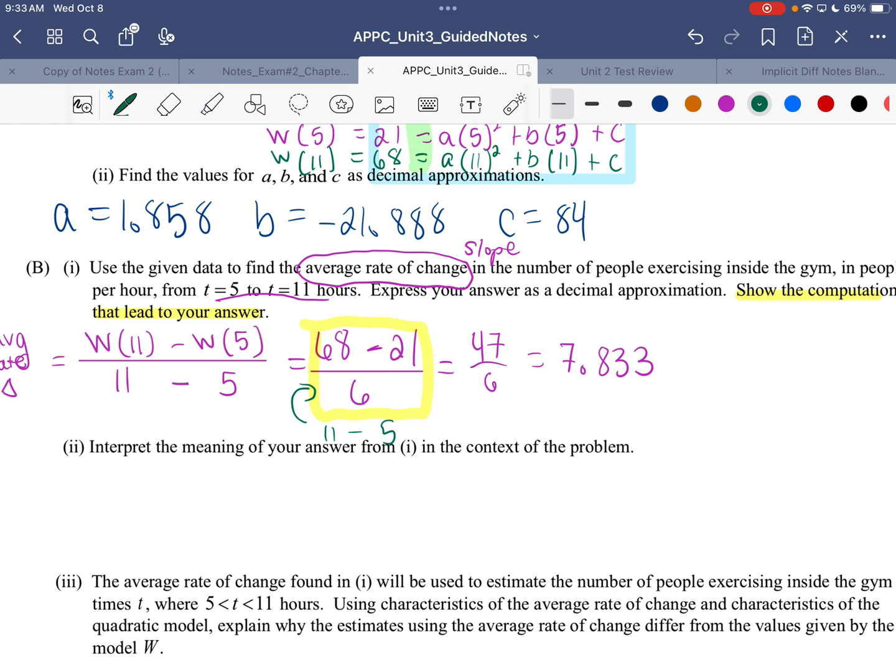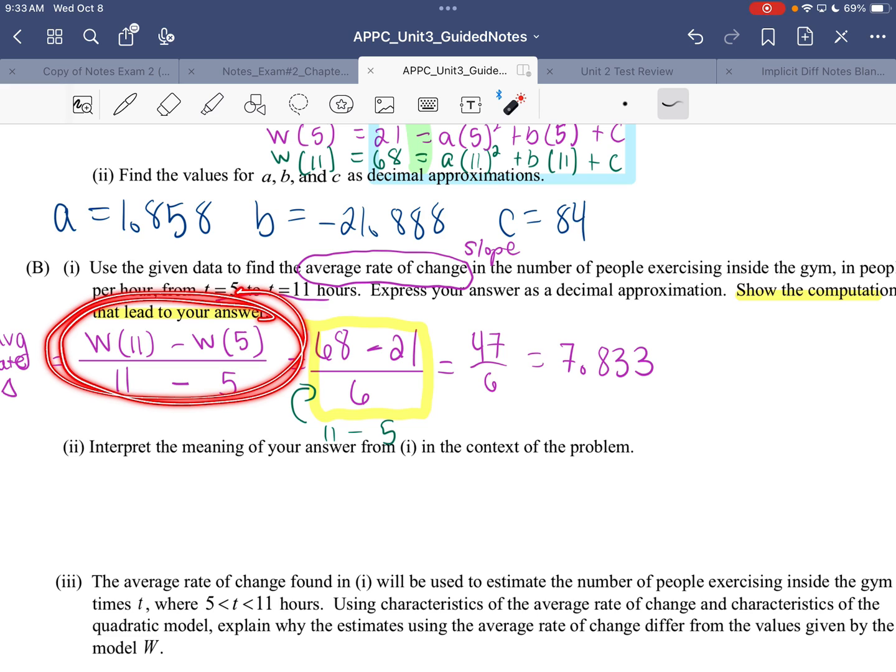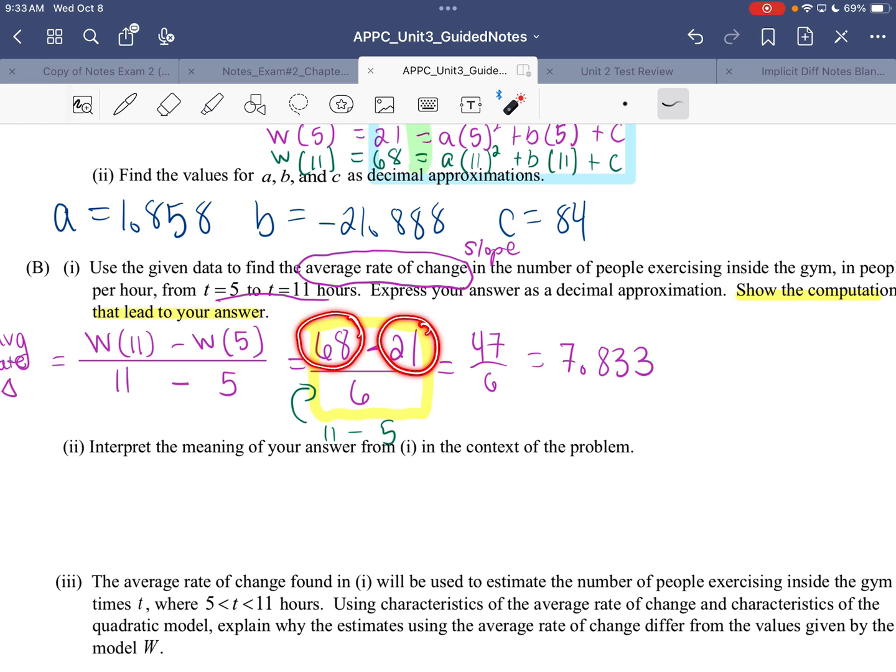This is the same in AP Calc. You have to show that you know how to read something from a table. So you have to take the values from the table, get 68 and 21 and put them over either 11 minus 5 or just put over 6. Do some kind of computation.